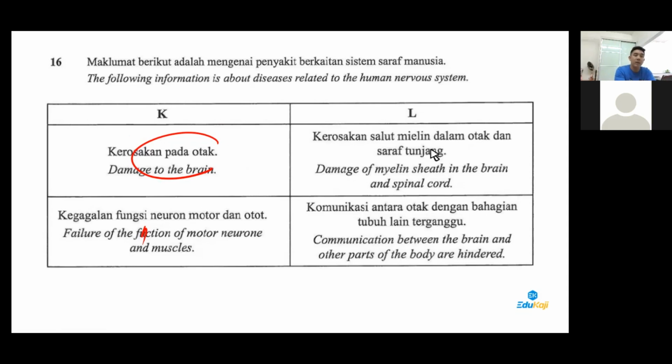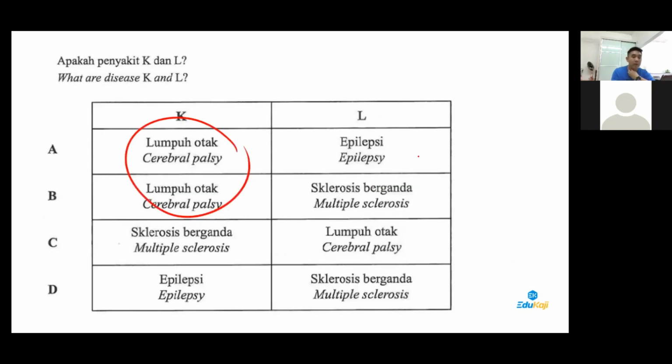Okay, so the keyword is damage of myelin sheath. Damage of myelin sheath will tell you that this is multiple sclerosis.